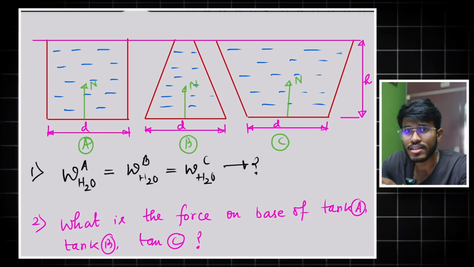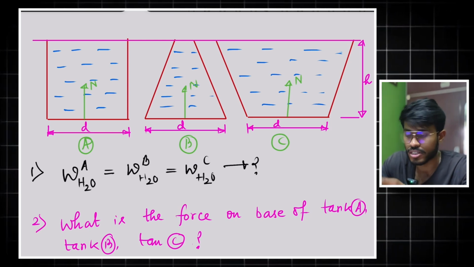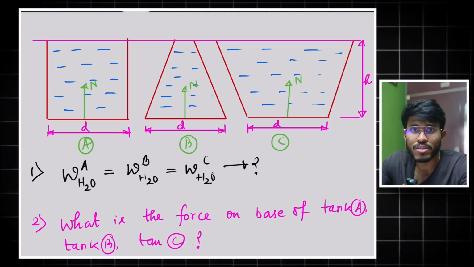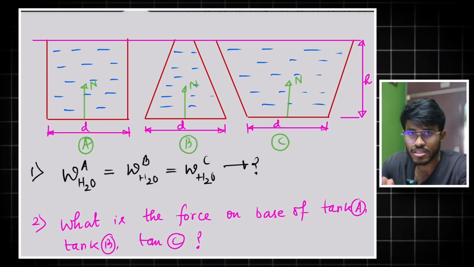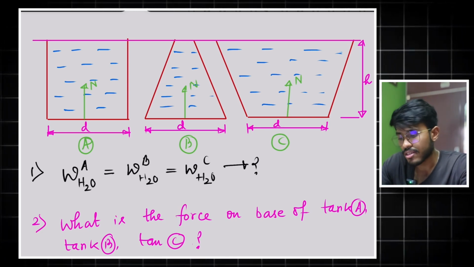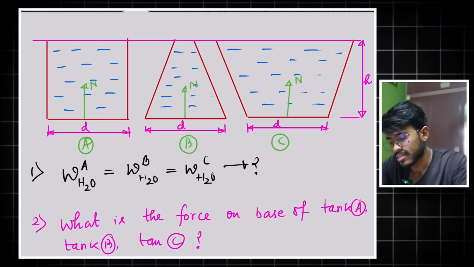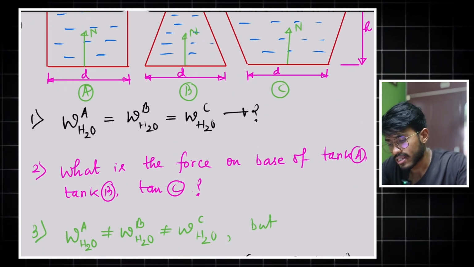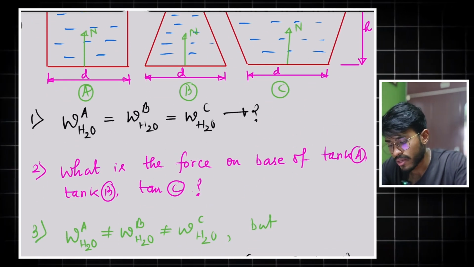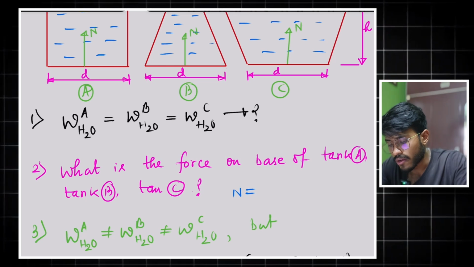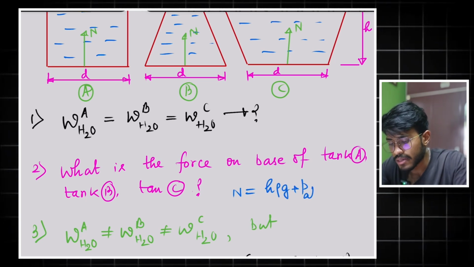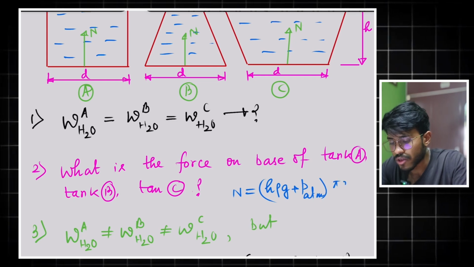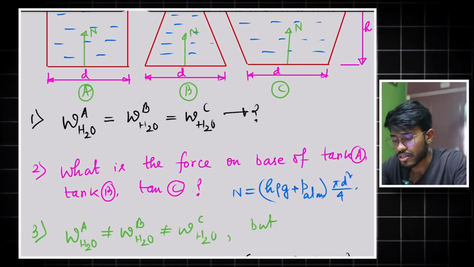Obviously from Newton's third law, this N will be equal for all three, and it will be equal to the same thing: N will be (h rho g plus P_atm) into pi d square by 4. Why? By Newton's third law.